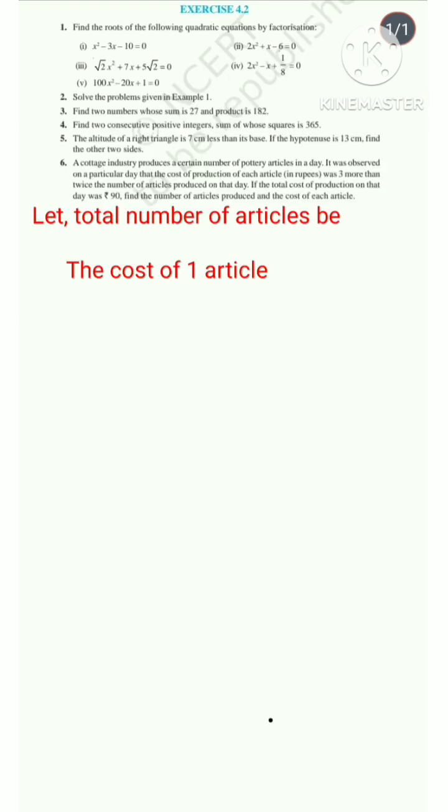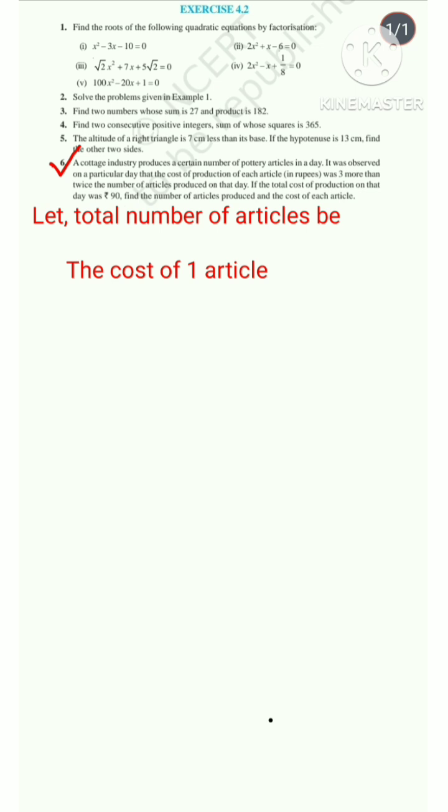Okay, now the last question from this exercise, question number 6, and here is written: a cottage industry produces a certain number of pottery articles in a day. It was observed on a particular day that the cost of production of each article in rupees was 3 more than twice the number of articles produced on that day.